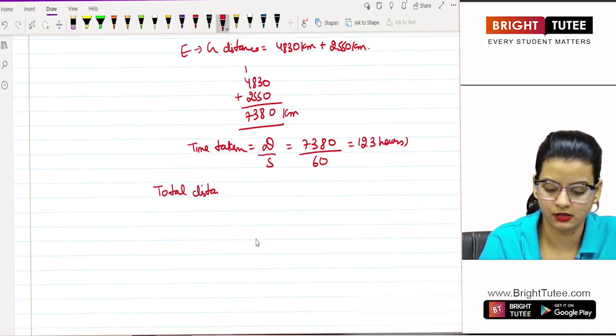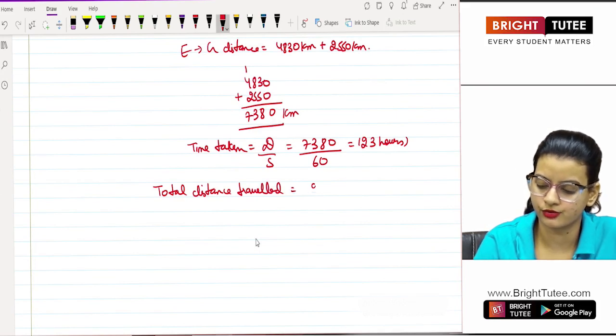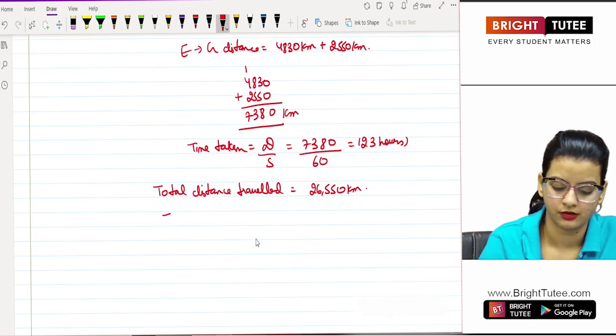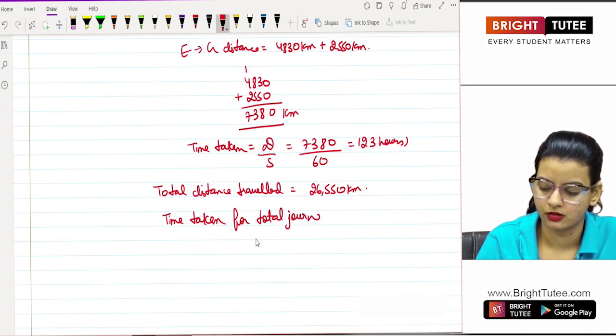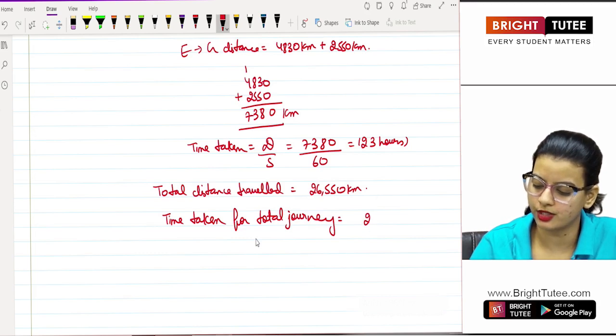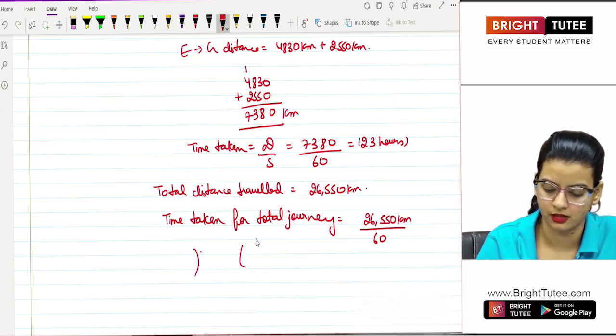So time taken for the total journey is equal to 26,550 kilometer divided by 60. So let's just divide this.